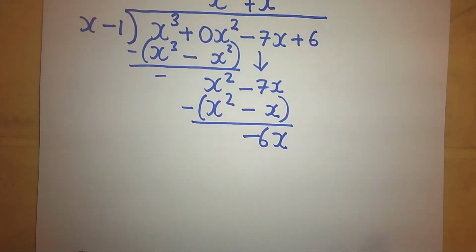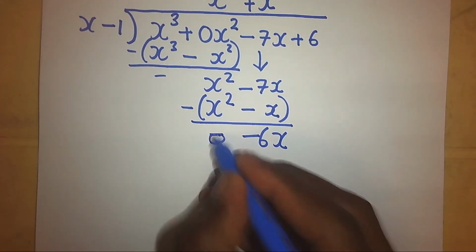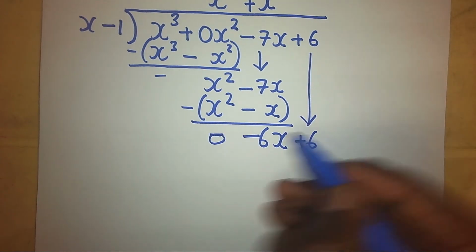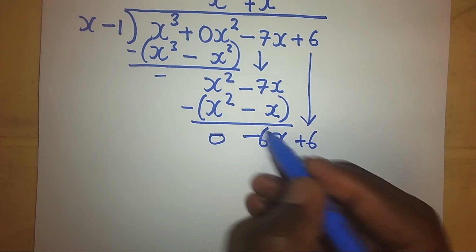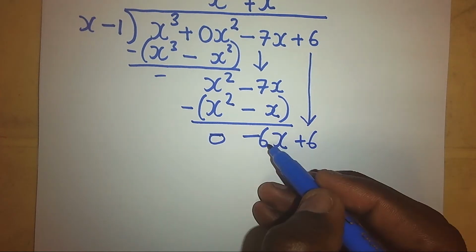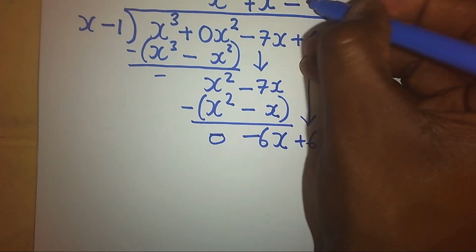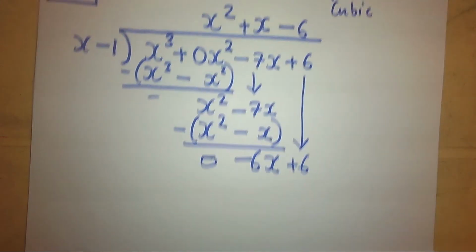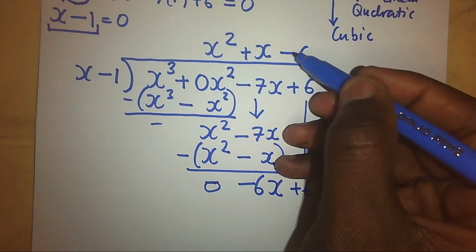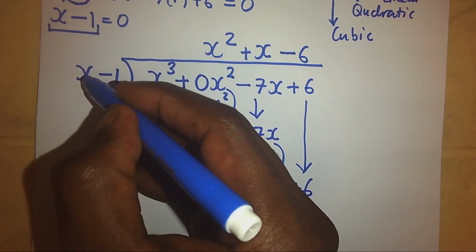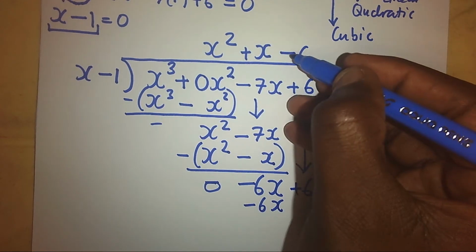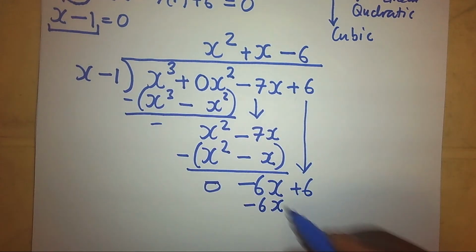And 0 this side. So, I bring down positive 6. Now, in order for me to eliminate negative 6x, I'll just need minus 6, because minus 6 times x, I'll get minus 6x. Minus 6 times minus 1, I'll get positive 6.